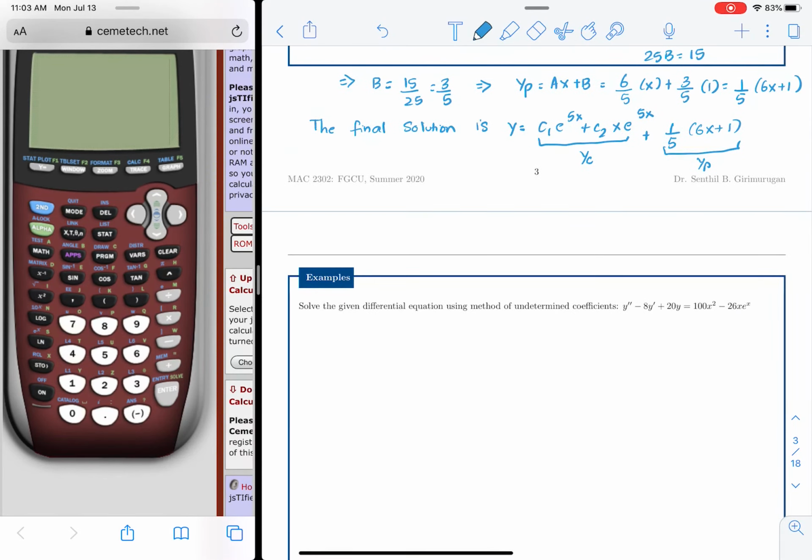So here we have a function which has a particular solution, non-homogeneous equation, and g of x here is 100x squared minus 26x times e raised x.